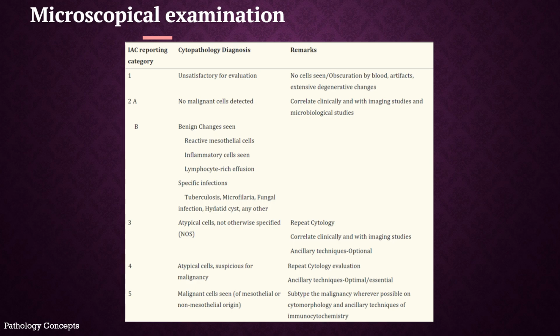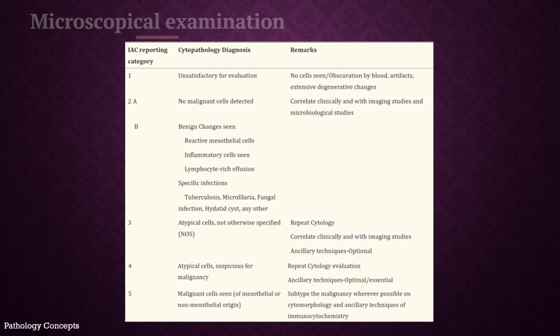The benign changes can be reactive mesothelial cells, inflammatory cells, lymphocyte-rich effusion, and specific infections can be identified such as tuberculosis infection, microfilaria, fungal infection, hydatid cyst, and others. Third category shows atypical cells not otherwise specified. Fourth is atypical cells suspicious for malignancy, and fifth is malignant cells seen.